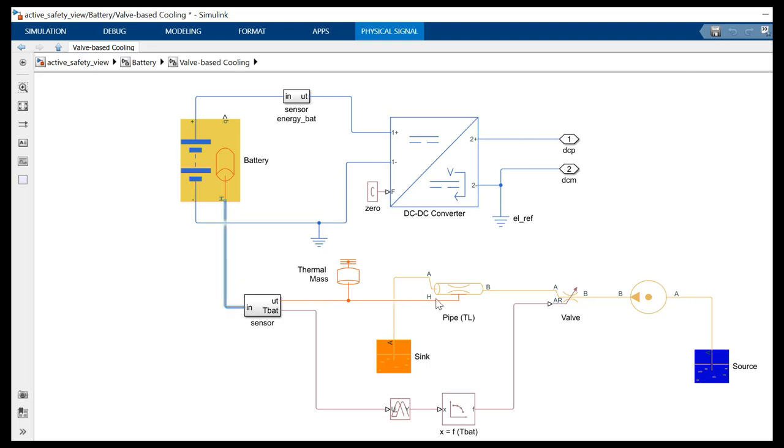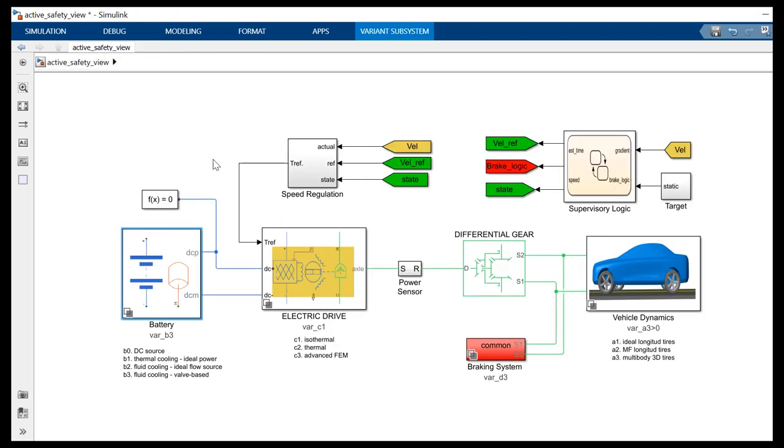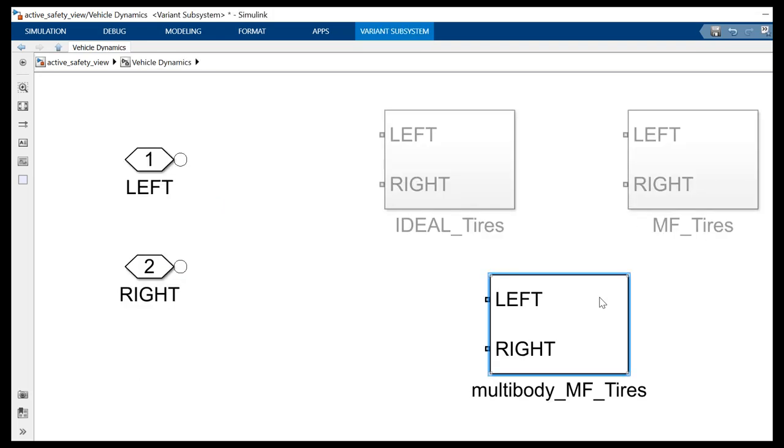The heat of the battery is taken away by a cooling circuit of water and glycol. And the battery is connected to an electric drive, DC to AC converter and the electrical machine, a differential gear, and then the vehicle.